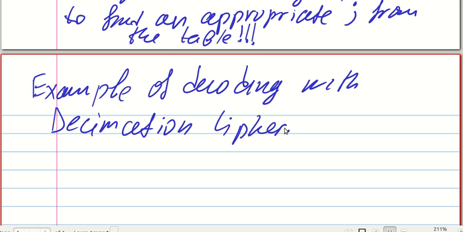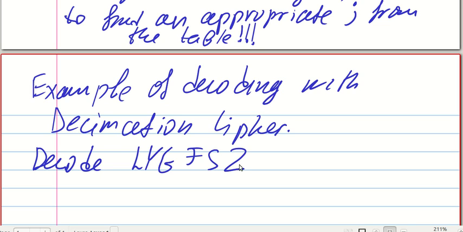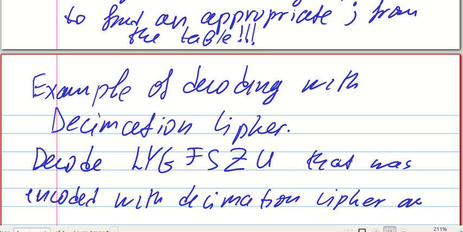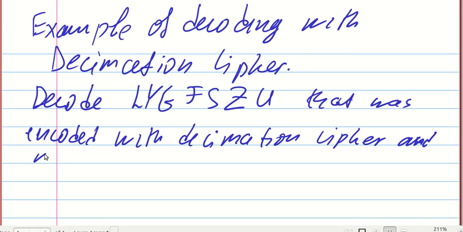All right, so let's do this example. Decode LYGFSZU that was encoded with decimation cipher and key K equals 3.